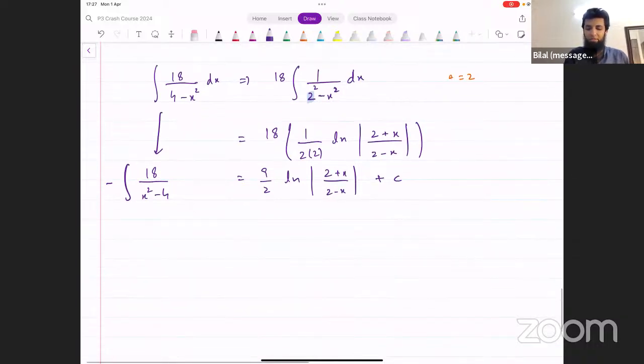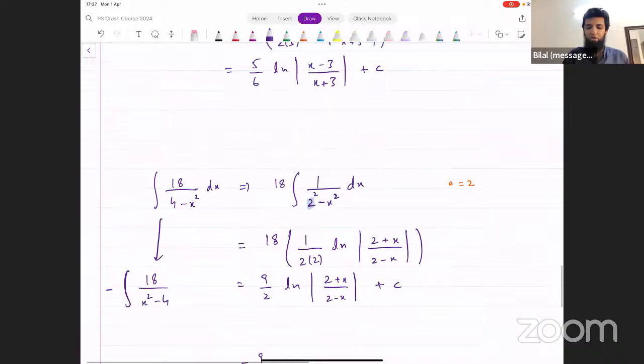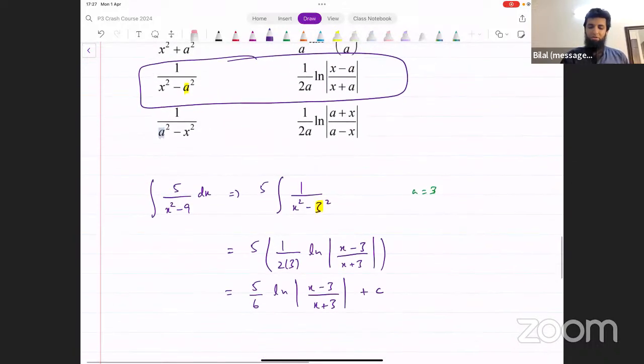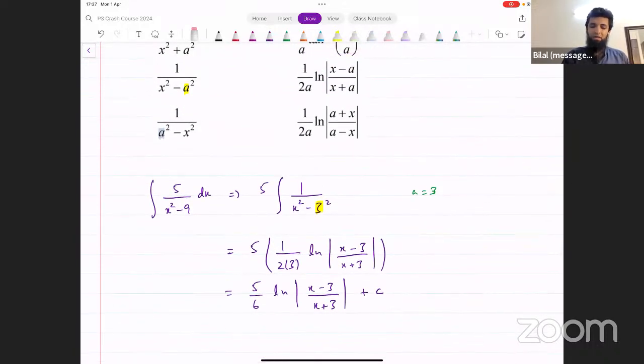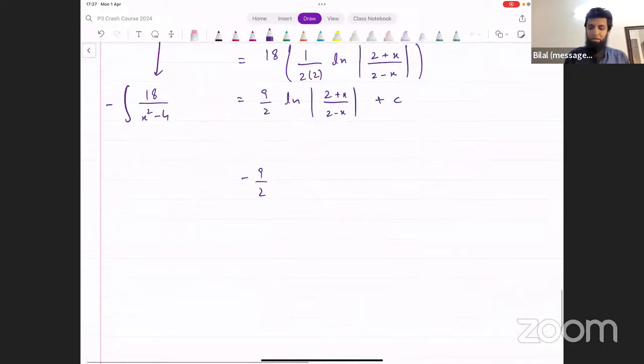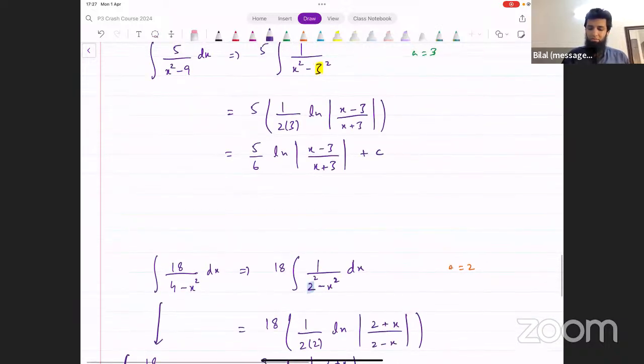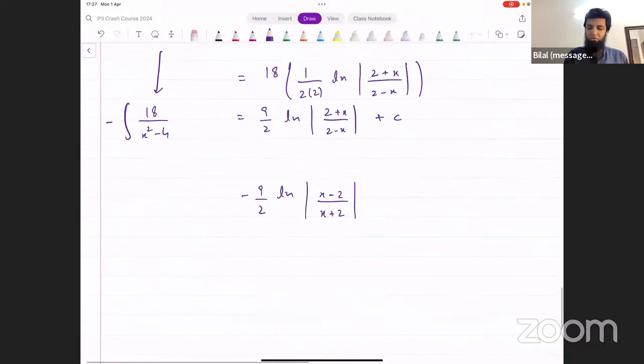So you'll end up with something like this, minus 9 over 2, if you were to use that earlier form, x minus a. So that will be (x minus 2) over (x plus 2) inside. And these two forms are equivalent. These two are the same.